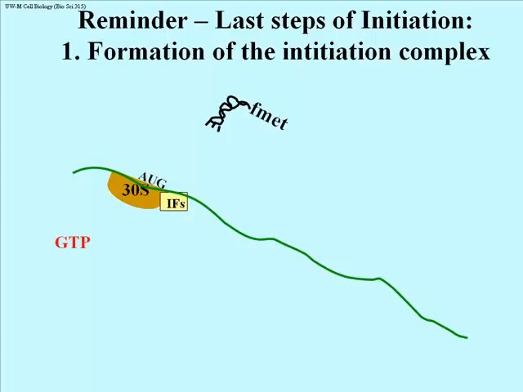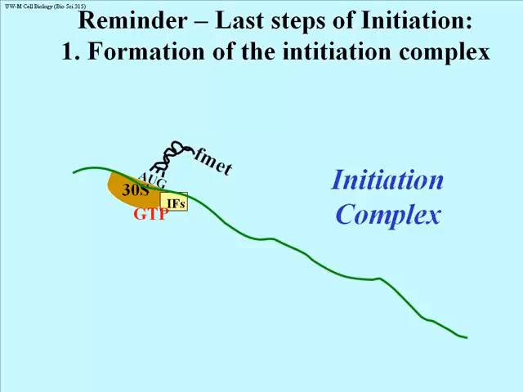And then if you just added, as it turned out, GTP and the F-met-tRNA, they would associate and they would produce this thing called the initiation complex. So that's pretty much where we left off. And this step requires the F-met-tRNA sub-F-met, the formyl methionine. It would not use any of the other tRNAs with their amino acids.